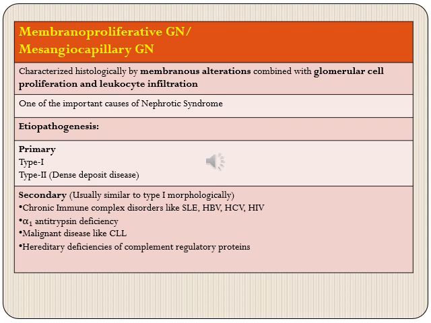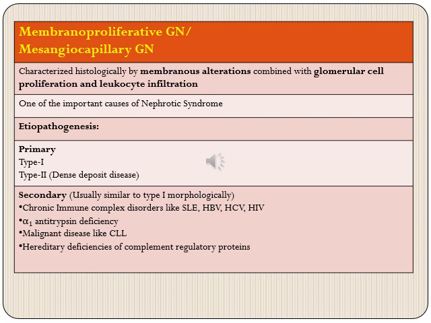Coming on to etiopathogenesis. It has again primary and secondary types. Primary can be type 1 or type 2, which is also called dense deposit disease. Then secondary is usually similar to type 1 morphologically, and it has causes like chronic immune complex disorders like SLE, hepatitis B, hepatitis C virus or HIV, or alpha 1 antitrypsin deficiency.